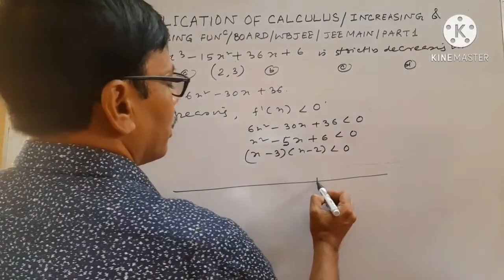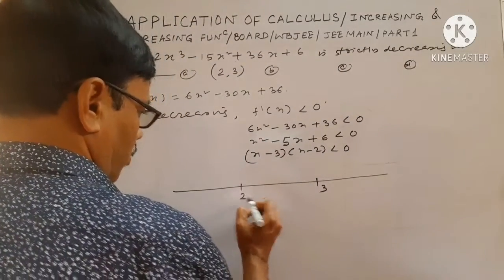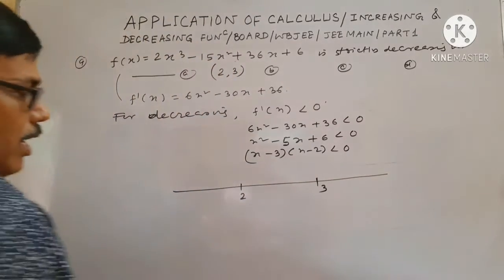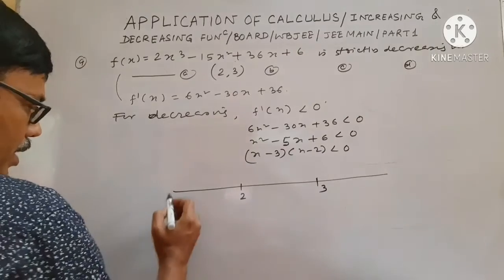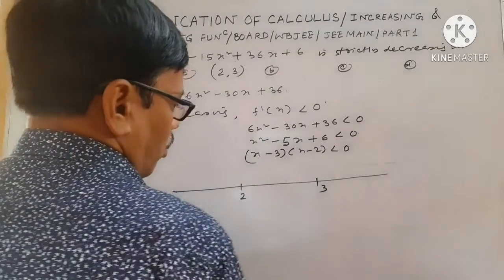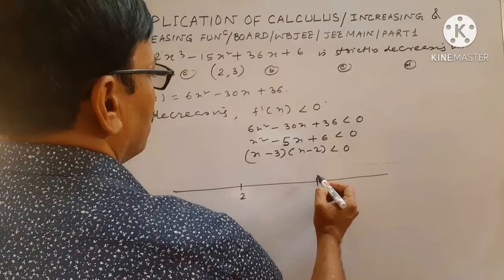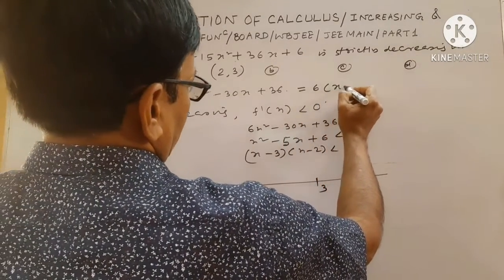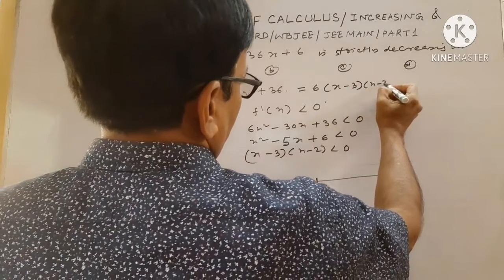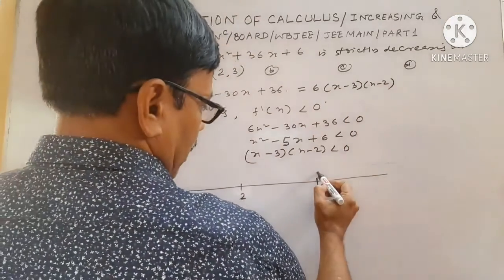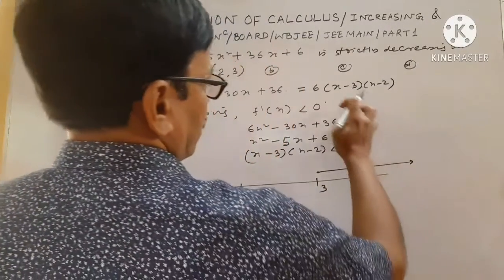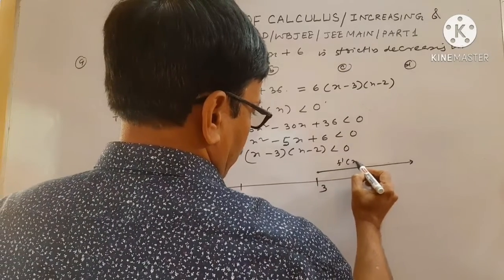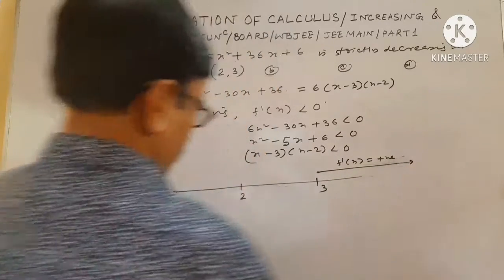Now look, it is an inequation problem. If it is less than 0, we know the value lies inside the interval. Look, f dash x is 6 into (x minus 3)(x minus 2). So for x greater than 3, say 4, this is positive, this is positive, so f dash x is positive.